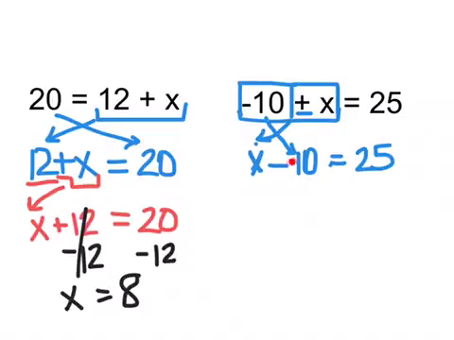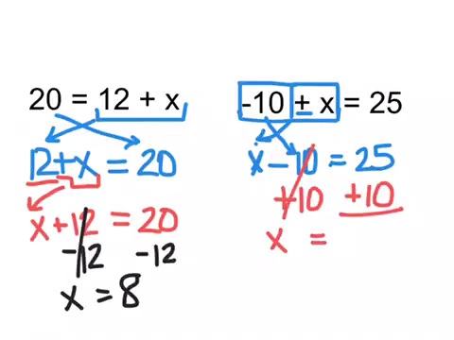Now, because I have this subtraction sign, I know that I need to add 10 to both sides. These will cancel. X equals 25 plus 10, or 35.